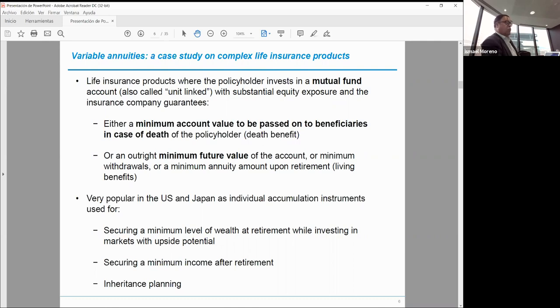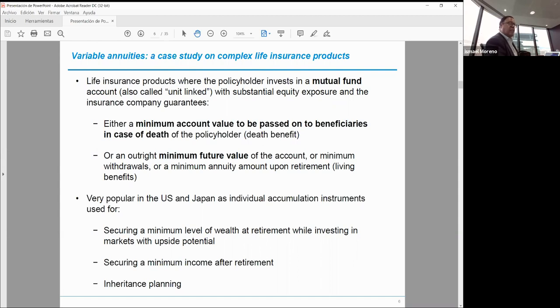They are normally funds with a lot of equity, with a lot of exposure to the stock market, more than government bonds. And then the insurance company goes in there and says, okay, you have bought this fund. It works as an investment fund, so it can go up and down, and you can have it for as much time as you want.